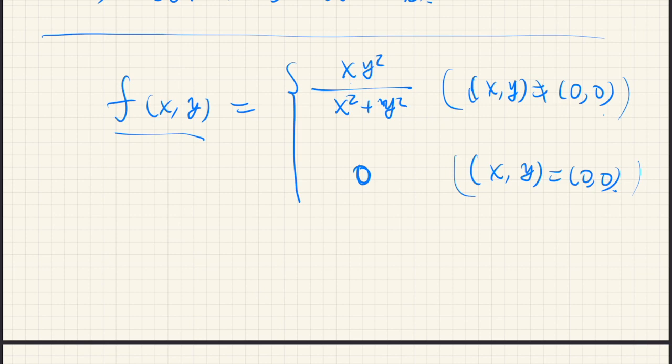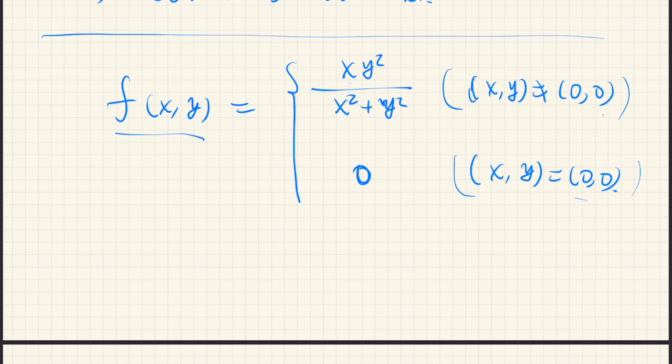So is this function continuous at the origin? Anywhere other than the origin, this function is continuous, right? Because the numerator is a polynomial function, so that is continuous. And the denominator is a polynomial function that is non-zero everywhere other than the origin.